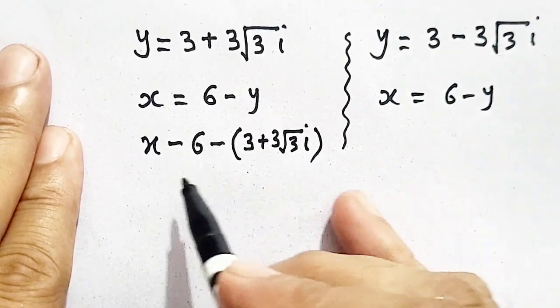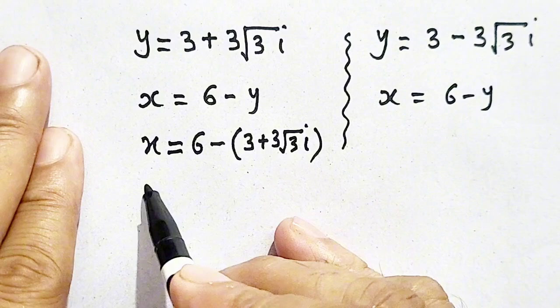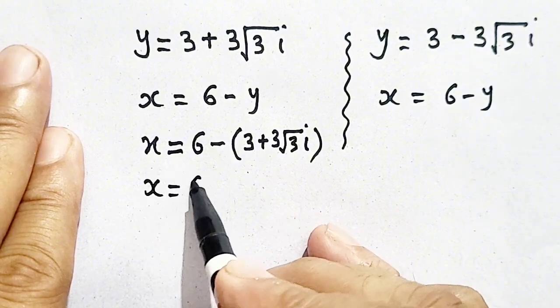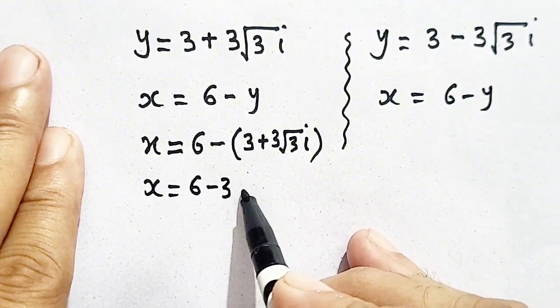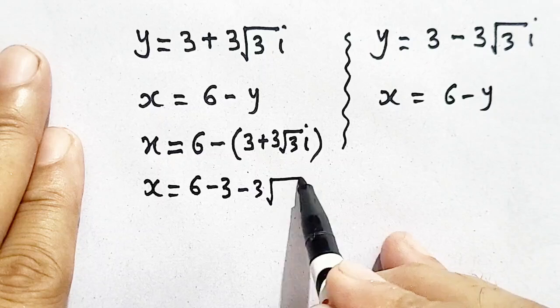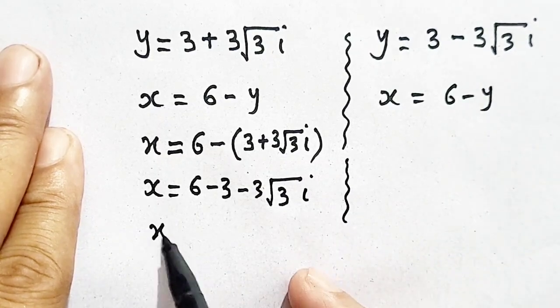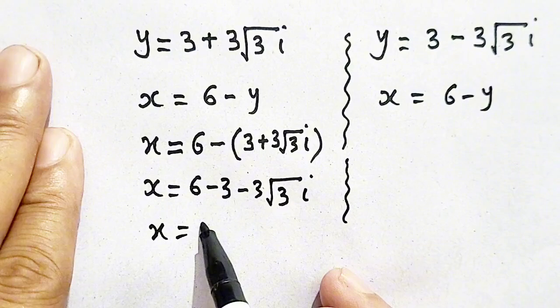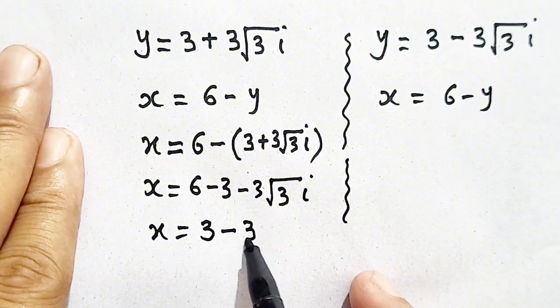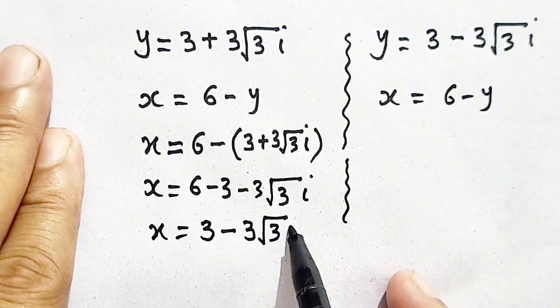Now change the sign, so x will be equal to 6 minus 3 minus 3 square root of 3 iota. So x will be equal to 6 minus 3 is 3, minus 3 square root of 3 iota.